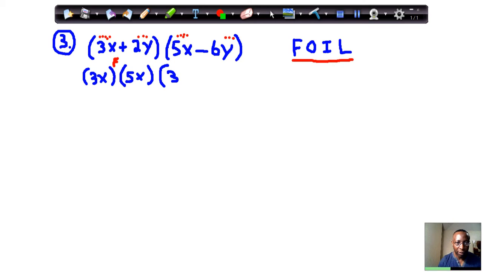It's an outer. And another outer is 6y. No, negative 6y. You see that? So you have to remember, negative 6y.